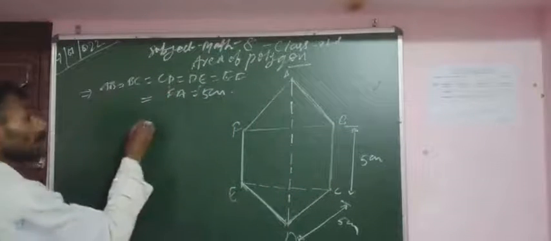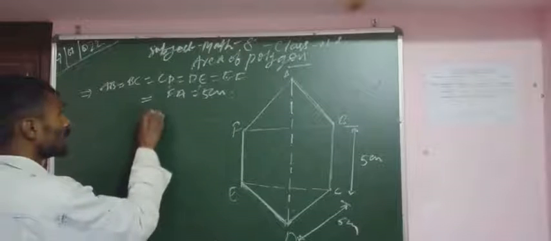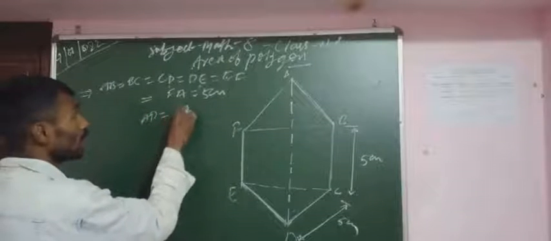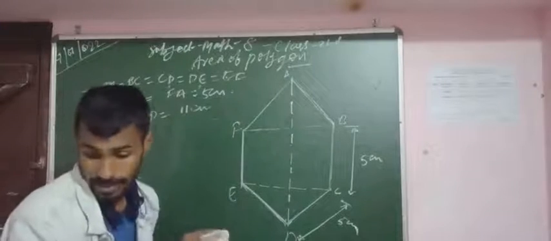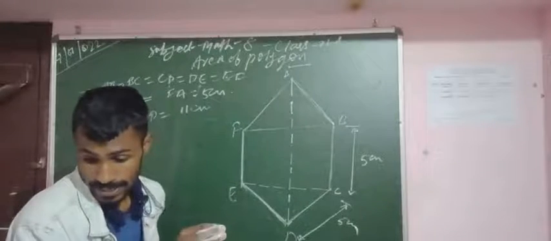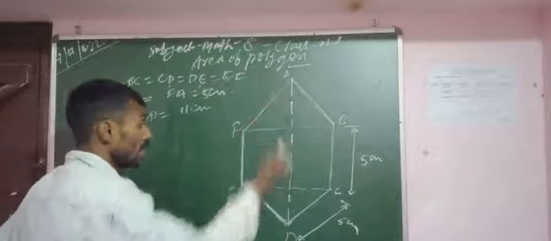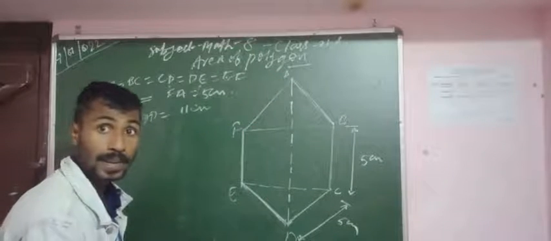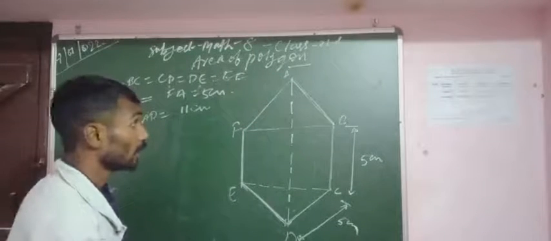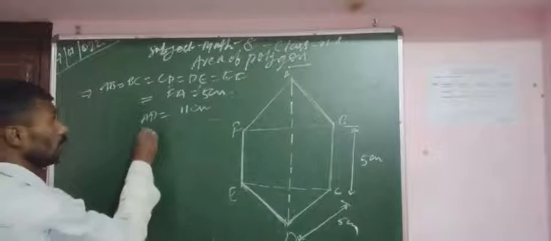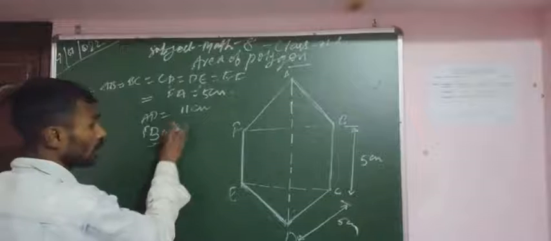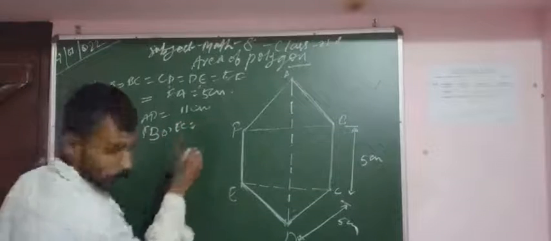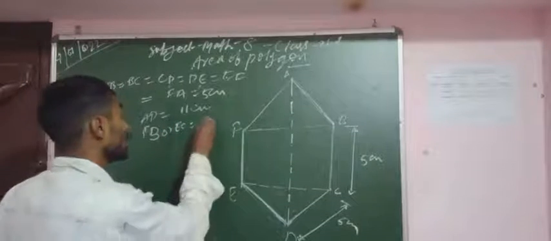Okay, so it's given that AD is the height of the polygon, 11 centimeter. Sorry, BE is the height. In the question, AD is the height of the polygon, and also you can say that FB or EC is the width of the polygon, which is equal to 8 centimeter.